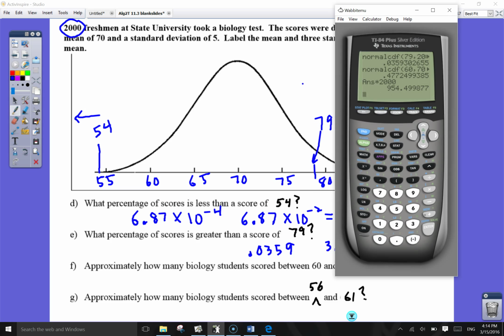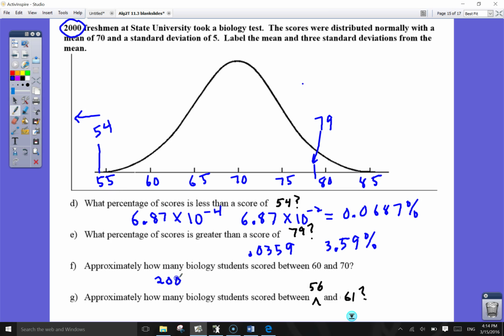So if you're hung up about that, the number of students isn't going to be a decimal, so let's say 954. So again, it's 2,000 times 0.477, which is approximately 954 students.